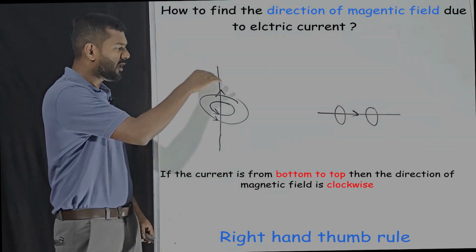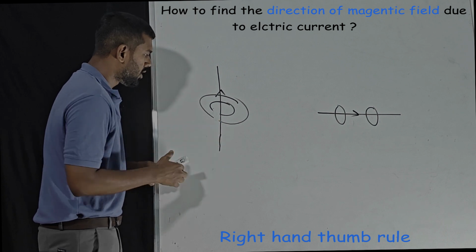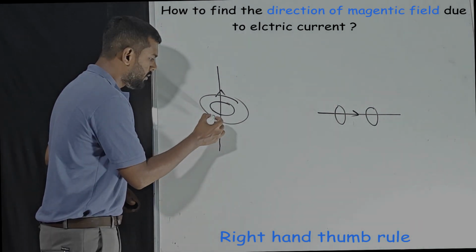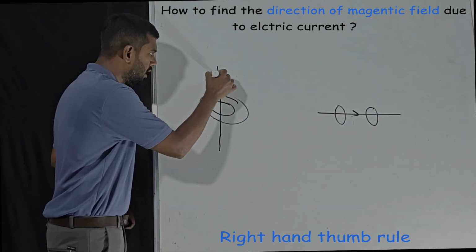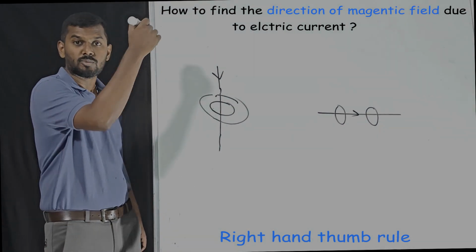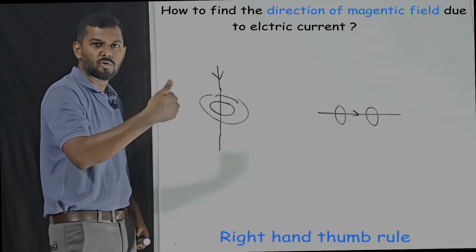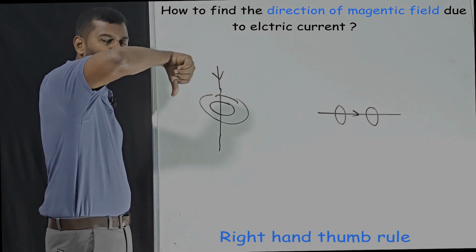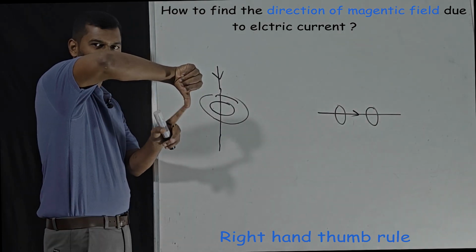Now the same thing, if the current is coming like this from top to bottom, with the same right hand thumb rule, you should not hold it like this, you should hold it like this. This represents the direction of current.